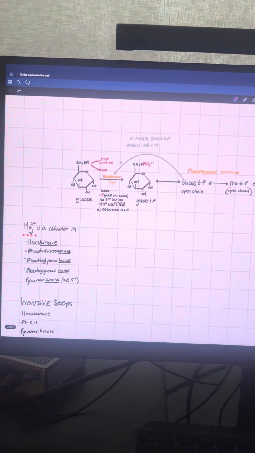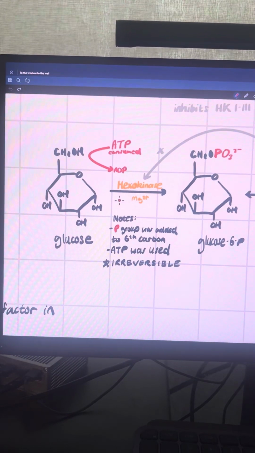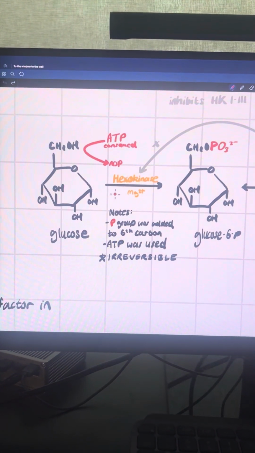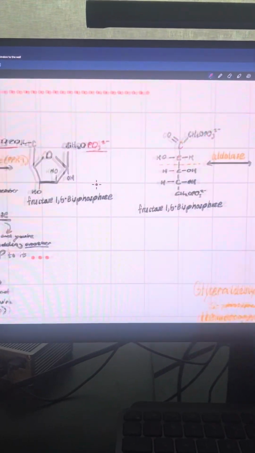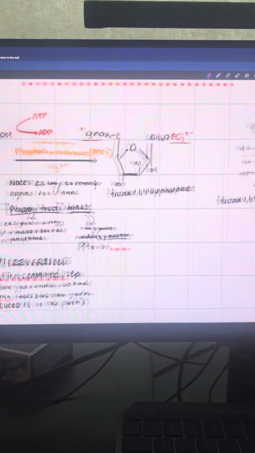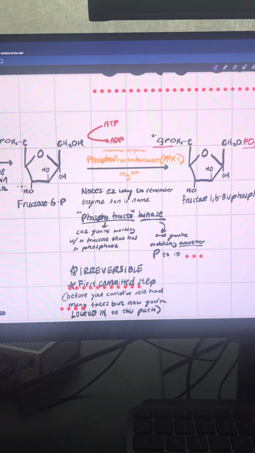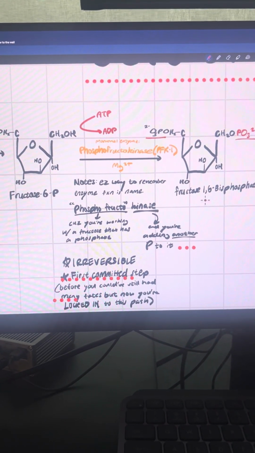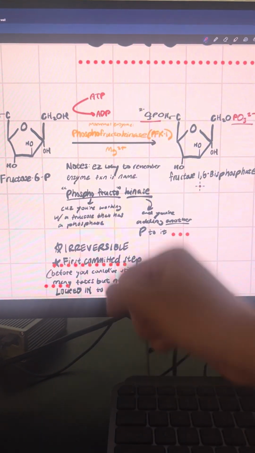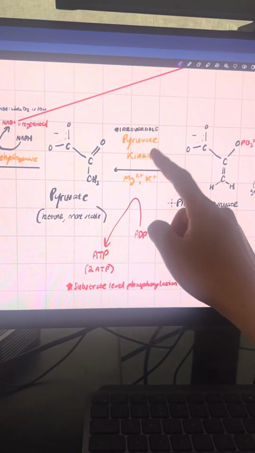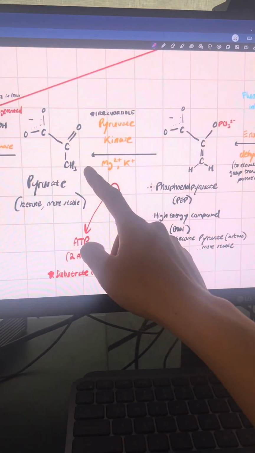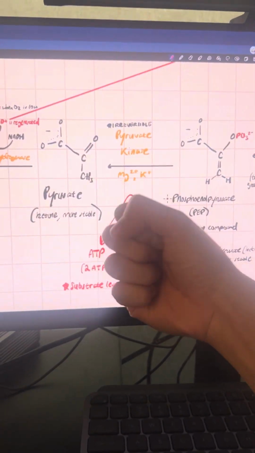The first step, hexokinase, irreversible, glucose to glucose 6-phosphate. Then fructose 6-phosphate to fructose 1,6-bisphosphate, the first committed step where you lock in, that's also irreversible. And finally, the third irreversible step we just talked about, pyruvate kinase. 3 irreversible steps, must know.